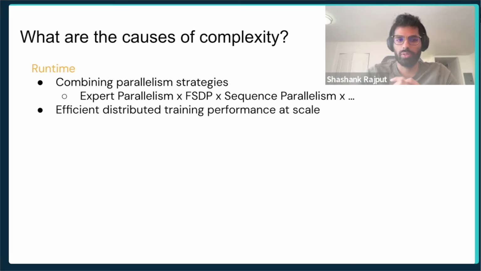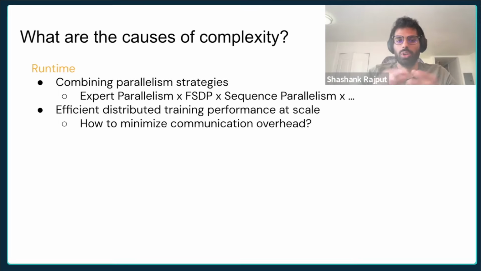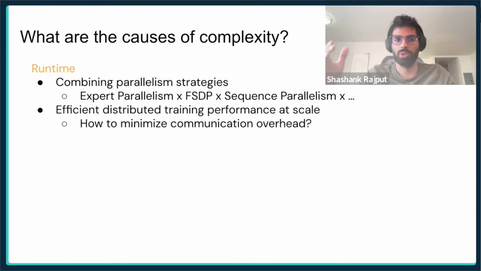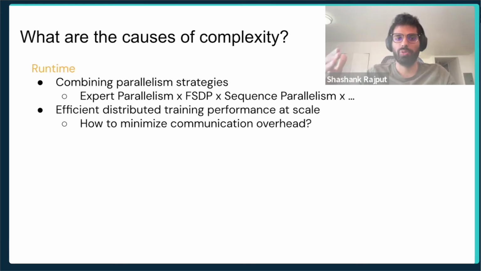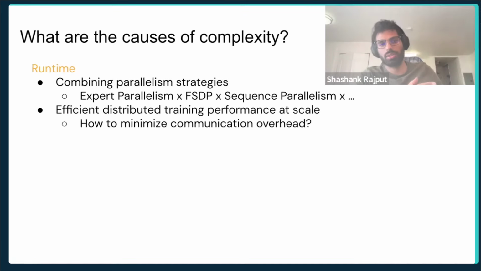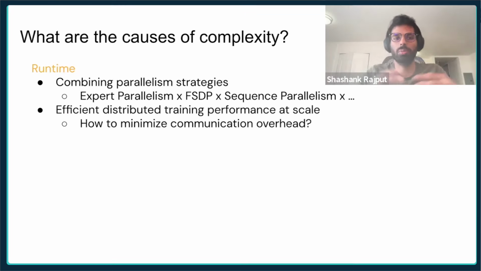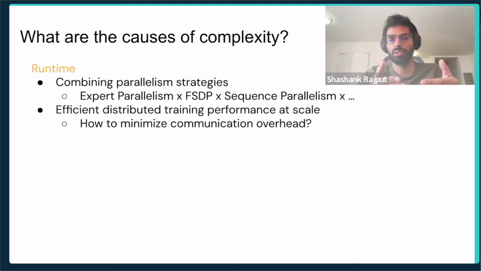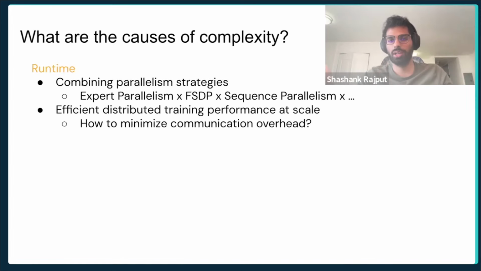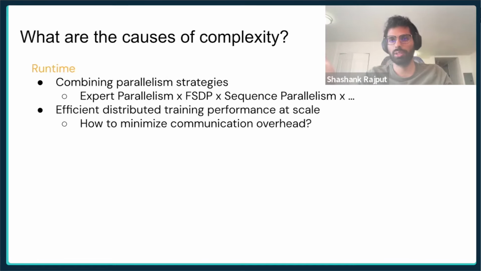Also, you want to have efficient distributed training performance at scale. The whole point of scaling up is to add more GPUs, and you would want your GPU to still perform at the same efficiency as a smaller scale training, right? Because if you double the number of GPUs, but due to communication overhead your GPUs are only performing at half the speed, then you didn't gain anything from increasing the scale.